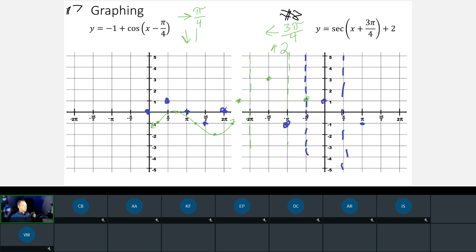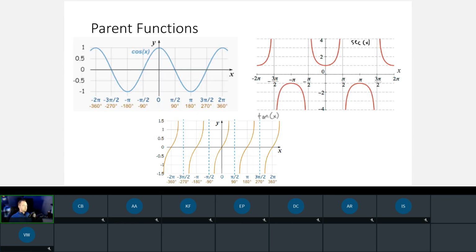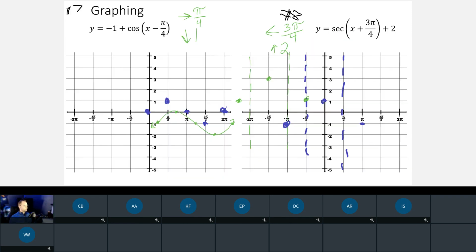Okay, so looking at the original, you're going to have this parabolic segment here, the parabolic segment here, and then another parabolic segment right here.